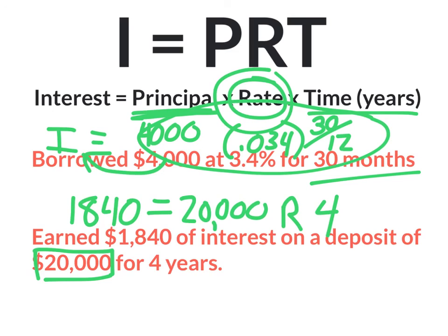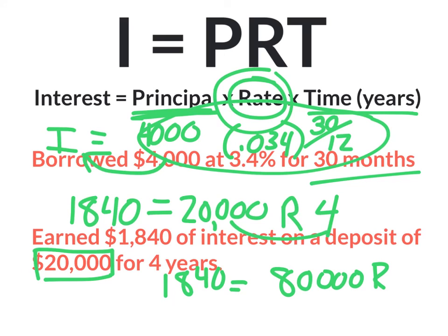So now we would be doing what? We're not doing this problem, we're undoing this problem. So I would combine my two multiplications here, and they would take 80,000 R equals 1,840. And then I need to remember, when I do this one, I want it as a rate. So after I get my answer, which is going to be a decimal, I need to move the decimal 2 places and put a percent sign behind it to have my answer.